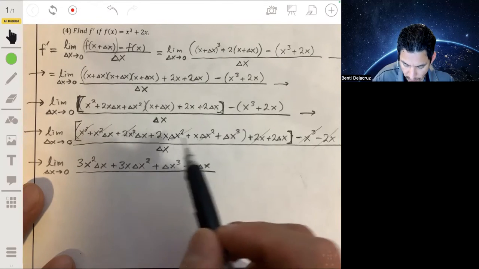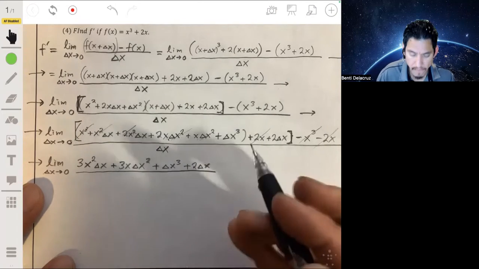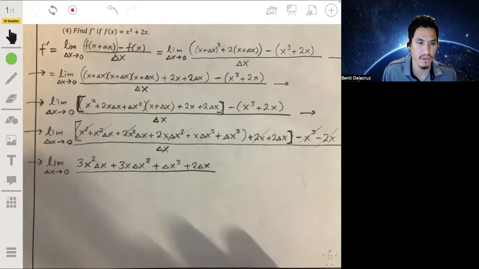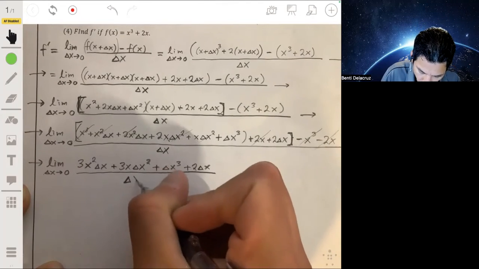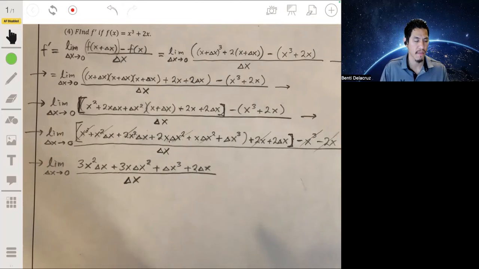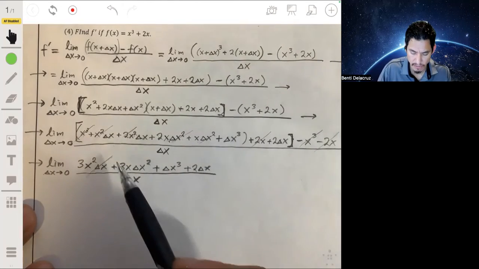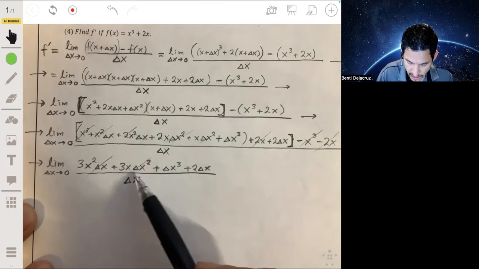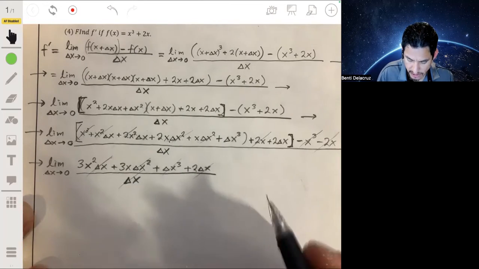You can't combine it with that, but you can combine it with something that has an x and a delta x squared. So you think of it as like a variable. All right, and then just like a variable, you want to cancel out everything with the like terms. So everything has a delta x, you can see. So you can power it down, cancel out delta x here, delta x here, delta x here, delta x here, and delta x here.